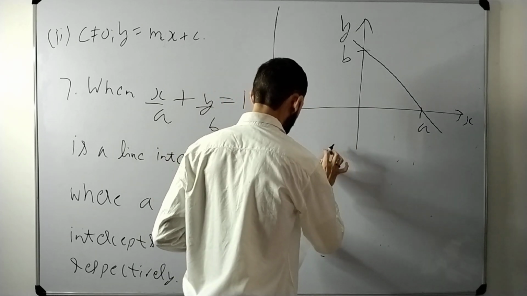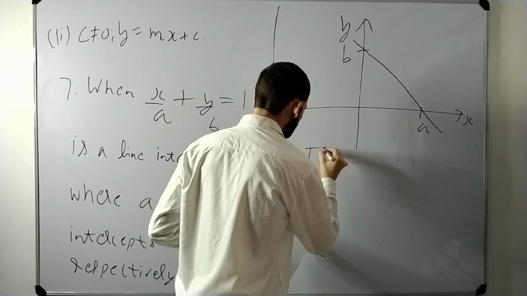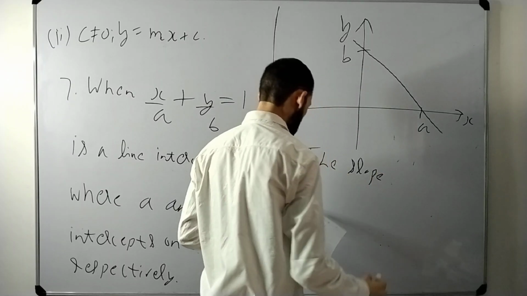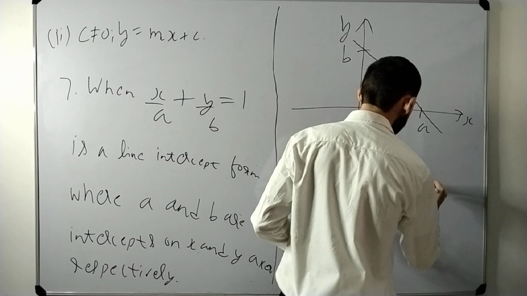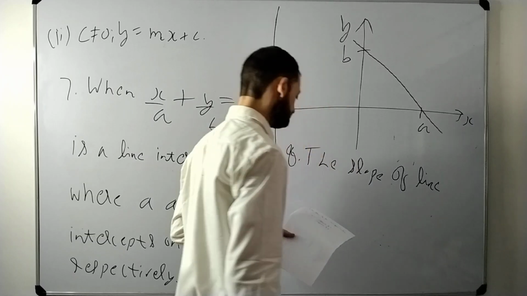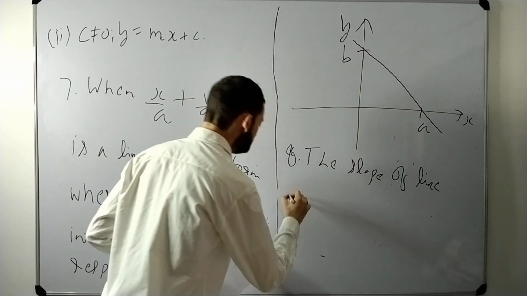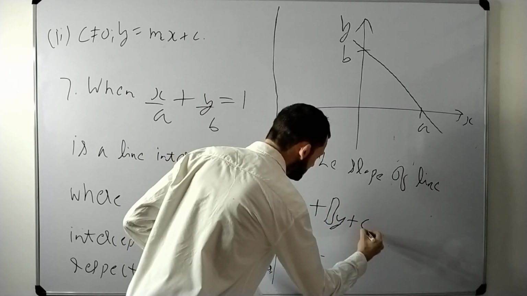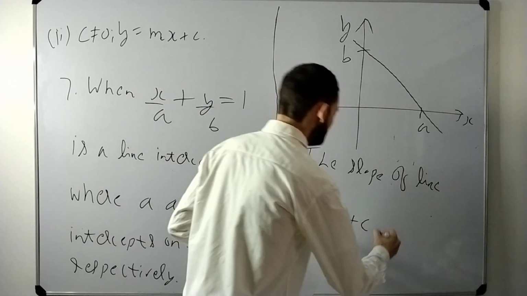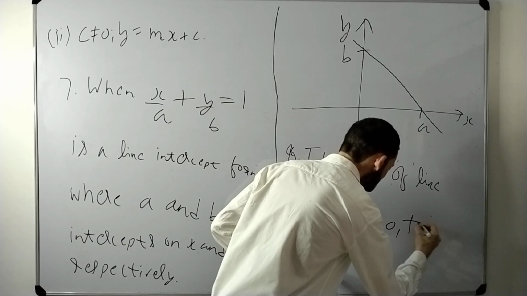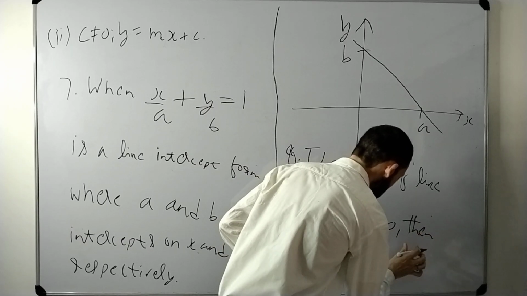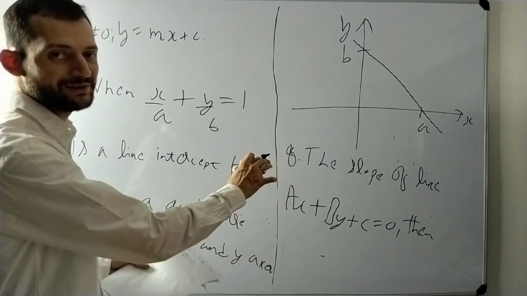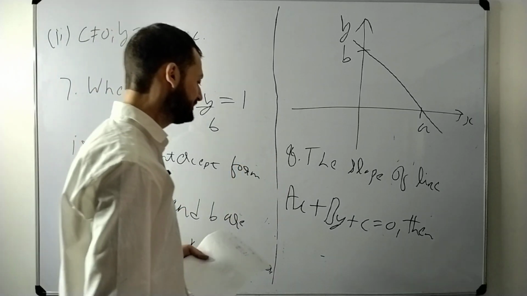Okay, eighth point. The slope of the line ax plus by equal to 0. You tell me for now what would be the slope.